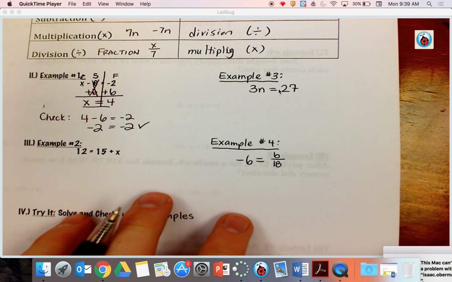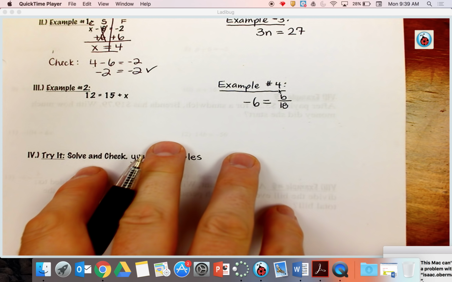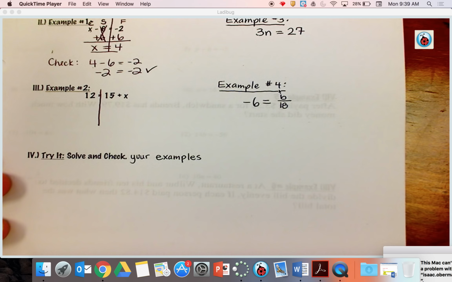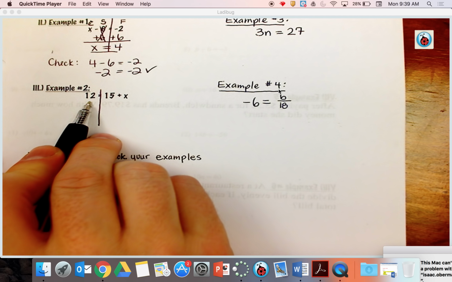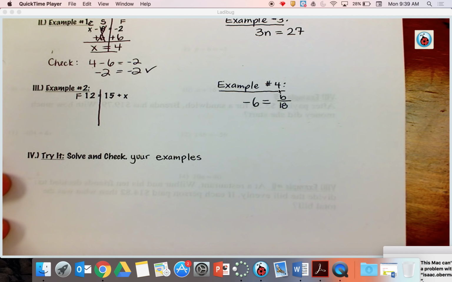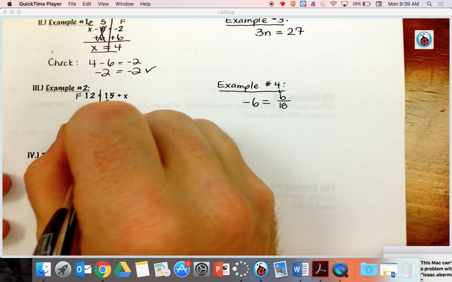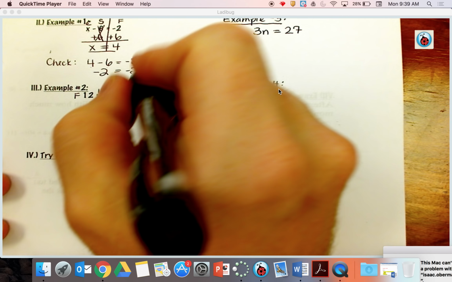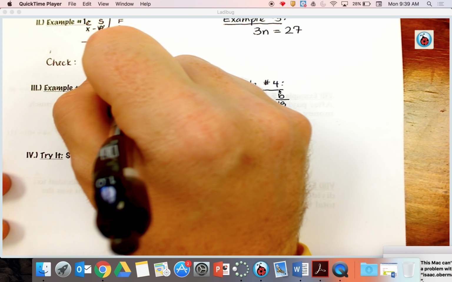If I look at my next example, example number 2, it's the same way. I need to draw my balance line and label my things. This is what it equals. It equals 12, so that becomes my finish. The 15 is my start value, and the x is my change.